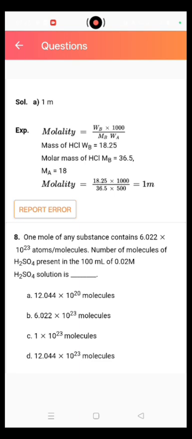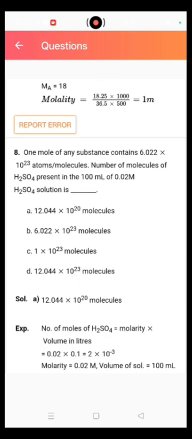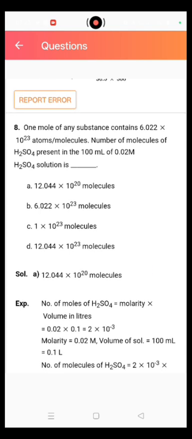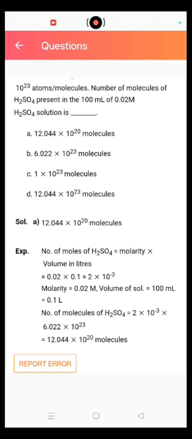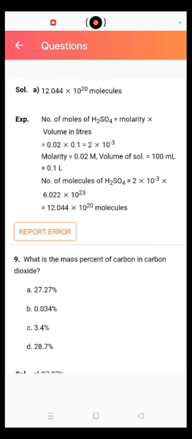So 2 into 6.022 will be 12.044, and finally considering the power of 10 also, we get 10 raised to 20. See, 0.02 is 2 into 10 raised to minus 3 when multiplied with 0.1. So the number of moles is found, molarity is given. So number of molecules is 12.044 into 10 raised to 20.